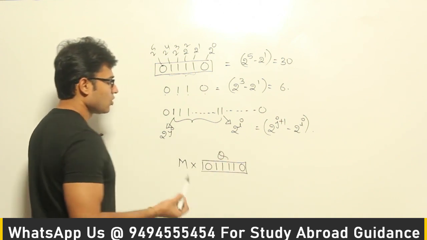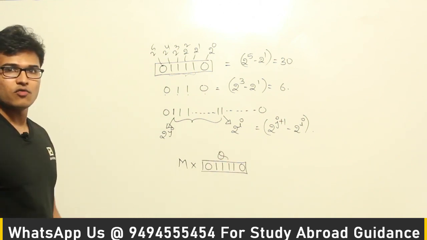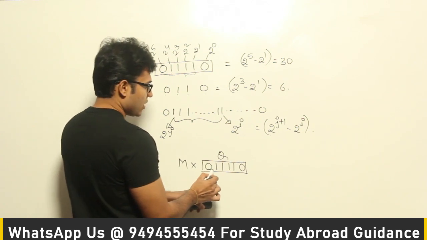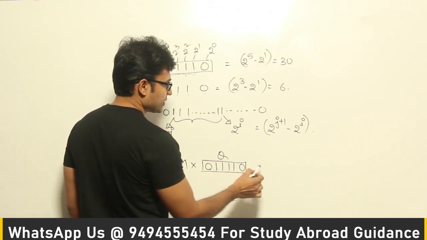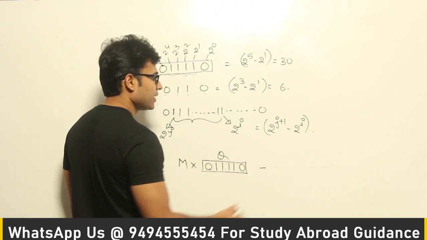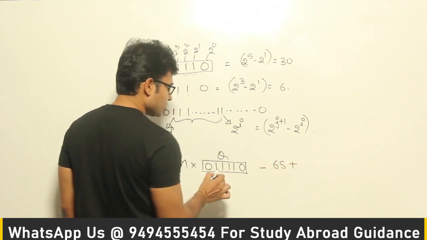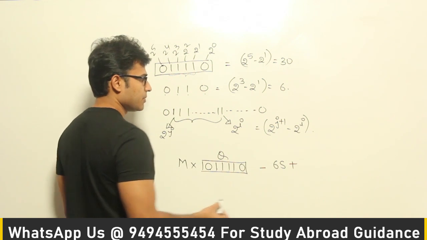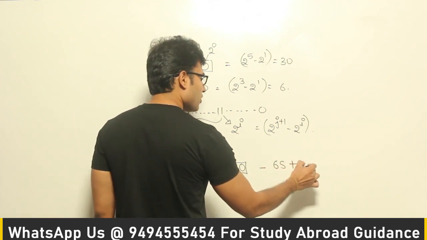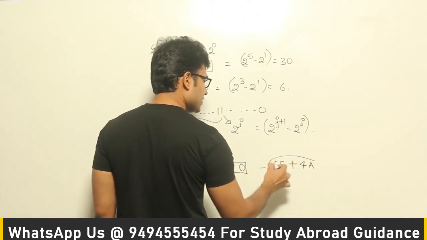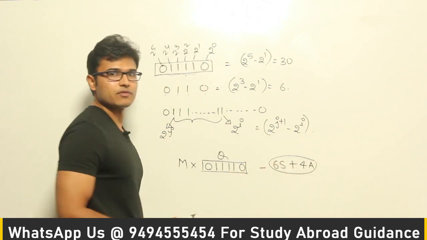In general, if you go with our normal method of partial sums, then since 6 bits are there in the multiplier, we need 6 shifts, and since 4 ones are there in the multiplier, we need 4 additions. This is the normal approach that we are going to do.